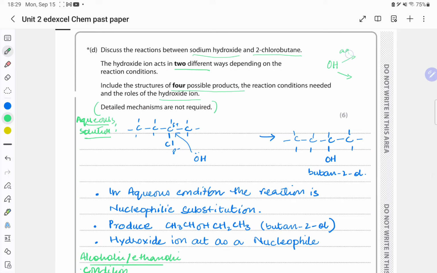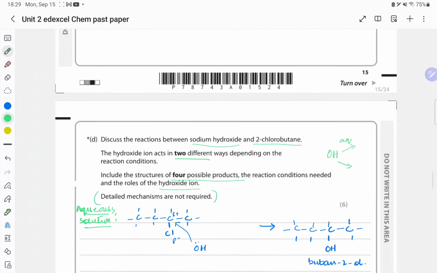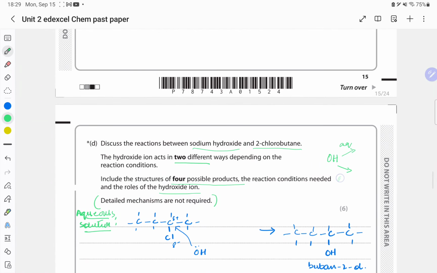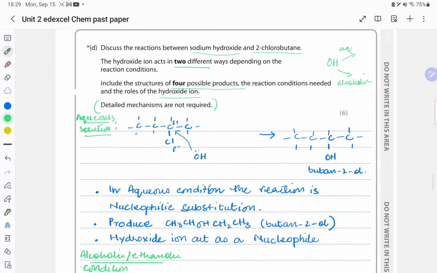Hydroxide can react in the presence of aqueous medium, and if hydroxide is in alcoholic condition, then what will be the product. It's a simple one that's also given in your book.